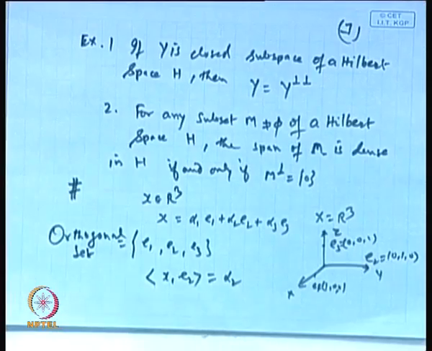So, the study of orthogonal or orthonormal elements simplifies the situation in case of the inner product space, clear. So, we will discuss what orthonormal sequences and orthonormal sets are.